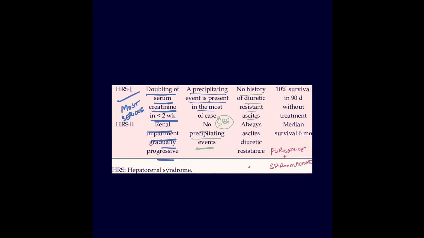Despite that, the patient's ascites is not improving, then you label it as diuretic resistant ascites. In HRS1 there is no such history, while in HRS2 there is always a history of diuretic resistant ascites. And as we discussed earlier, HRS1 is the most serious type, so the survival is very low in HRS type 1. However, median survival in HRS type 2 is 6 months.